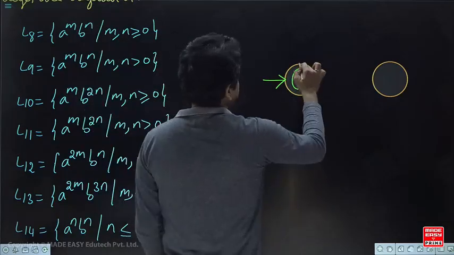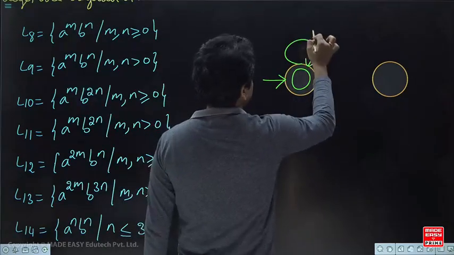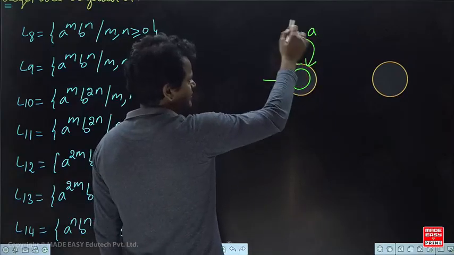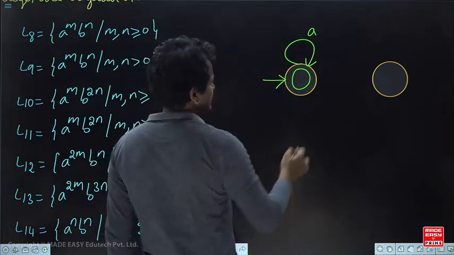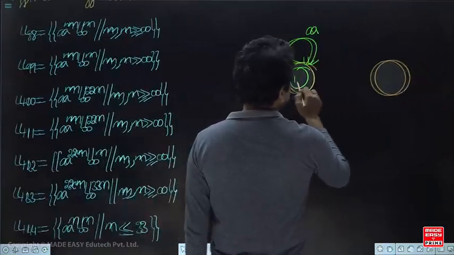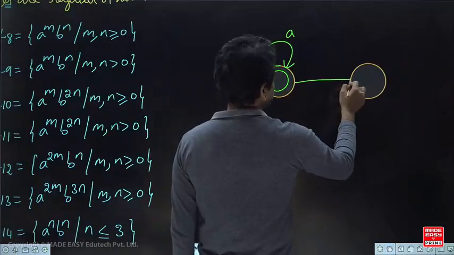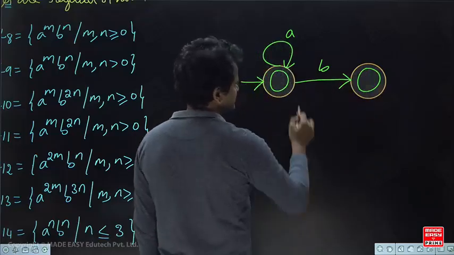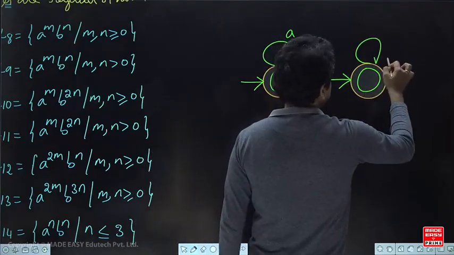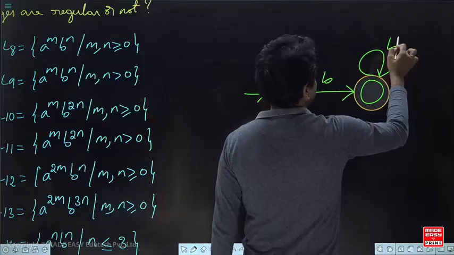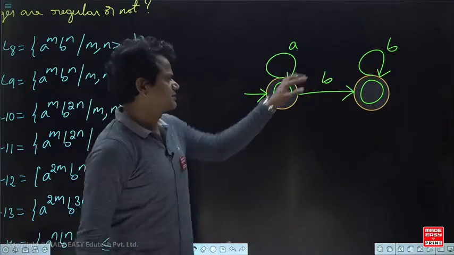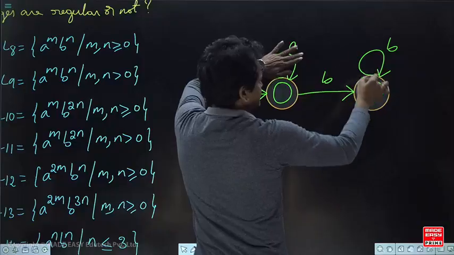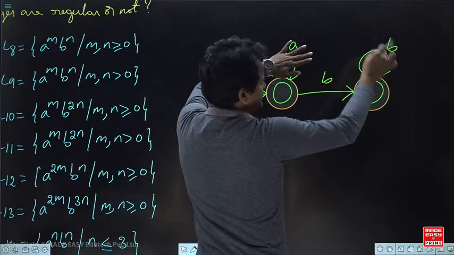It can have only a's. Yes: a square, a cube, a power 4, a power 5, a power 100, a power 1000. Yes. It can have only b's: b power 1, b square, b cube, b power 4, b power 5, b power 6, and so on.